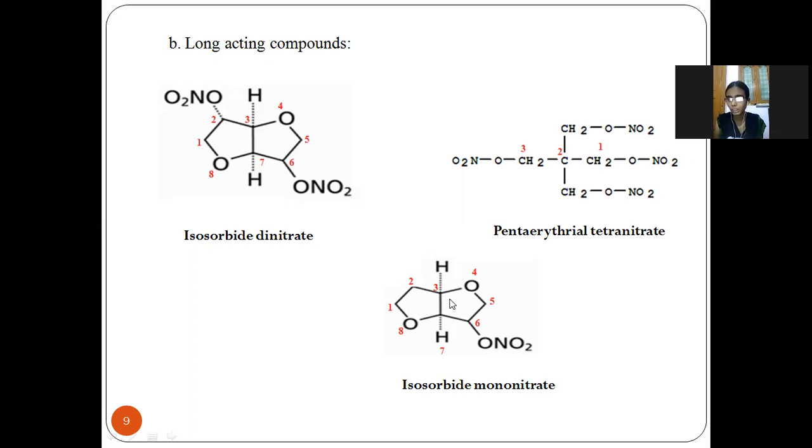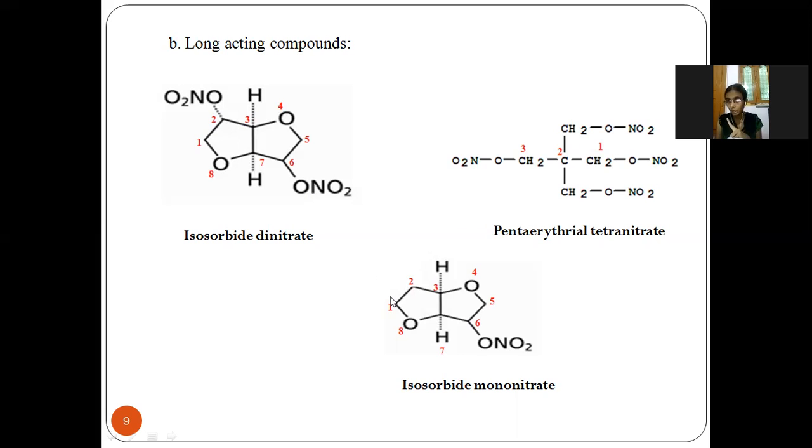Between these two structures, what is the difference? If you see the structure of the isosorbide dinitrate, in the second position nitro groups are there, but for the isosorbide mononitrate, in the second position the nitro group is not there; only one nitro group is present for the isosorbide mononitrate.